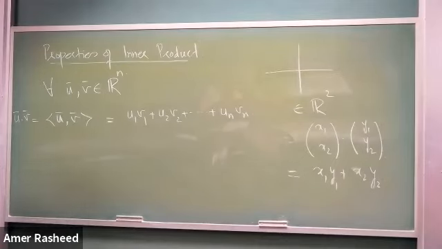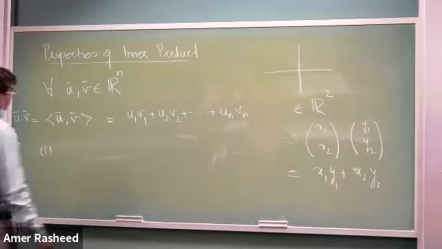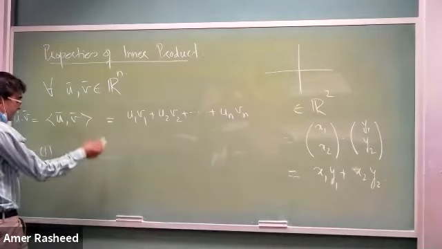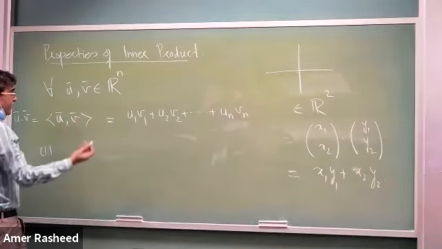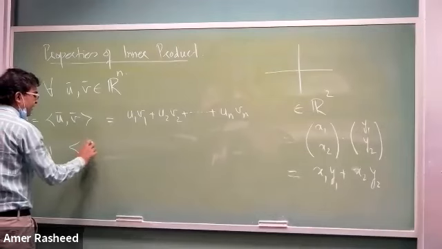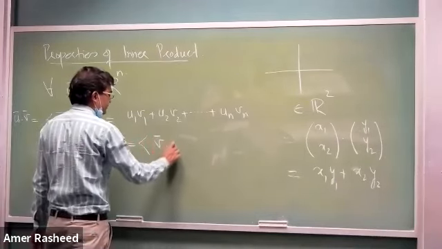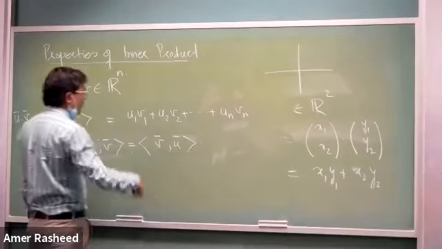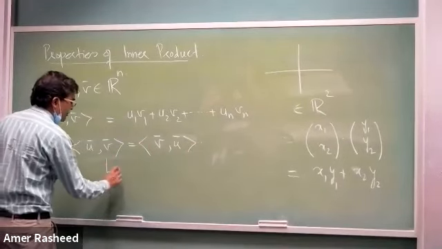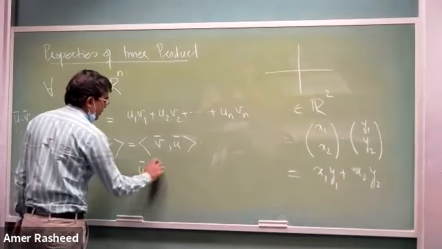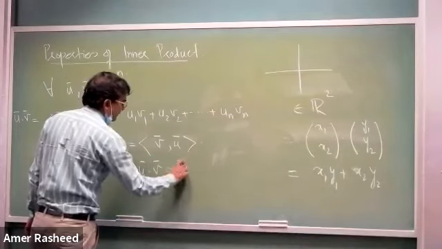Now, some of the properties of the inner product we will discuss. The first property is the commutative property. If we have two vectors u and v belonging to Rn, then their inner product is commutative. Or in the dot product notation, you can also write that the dot product is always commutative.